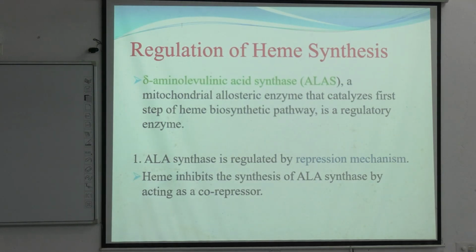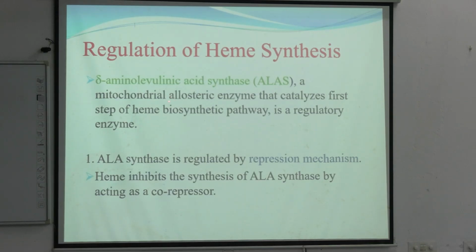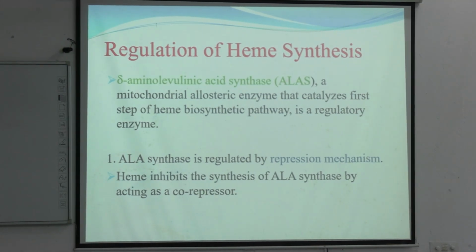So anything that comes with allosteric modulation of ALA synthase can alter the heme synthesis. First of all, we studied during the step, that deficiency of vitamin B6 or pyridoxine, pyridoxal phosphate deficiency, can lead to decreased heme synthesis.